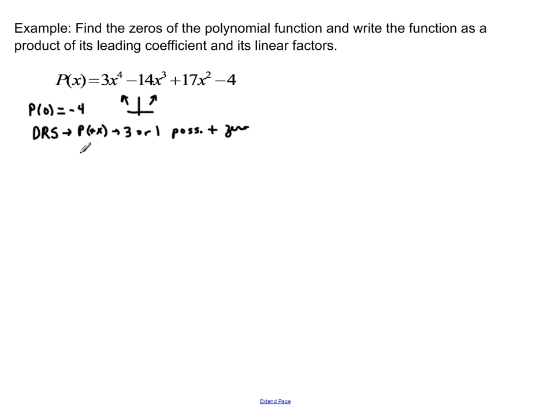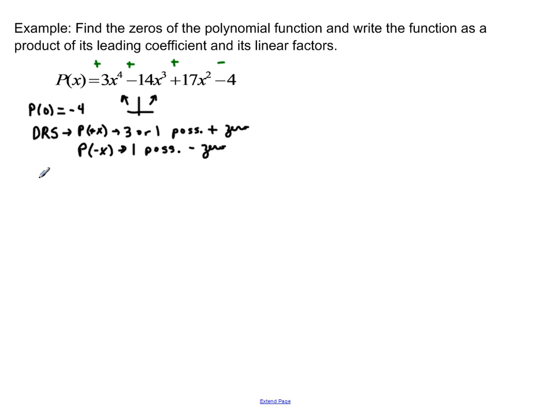And if we try P of negative x, the first term stays positive, the second term turns positive, the third term stays positive, and the last term is negative. So that implies that there is only 1 possible negative real zero. Well, we would have to get at least 1.